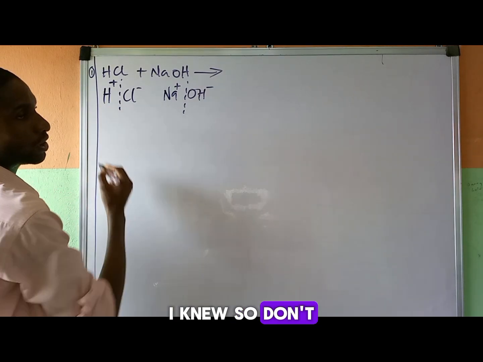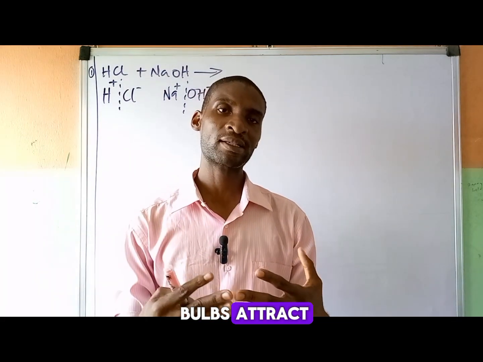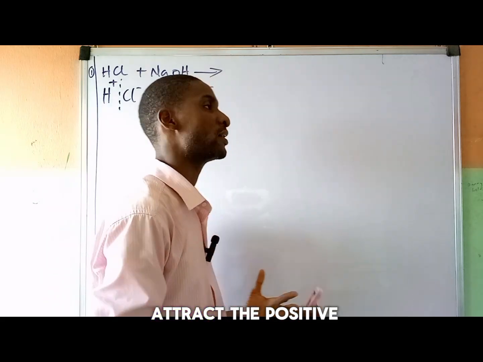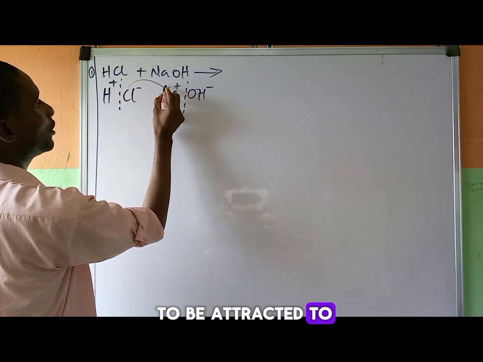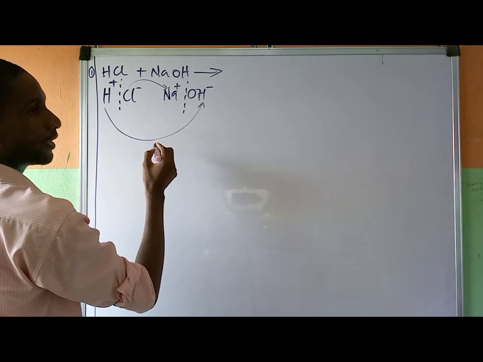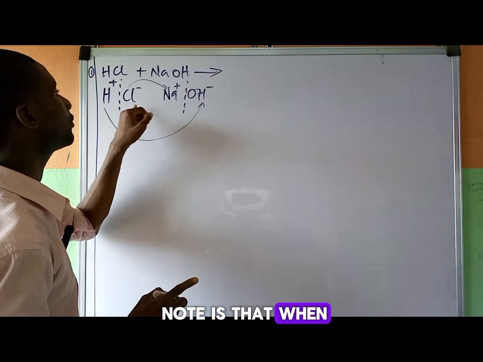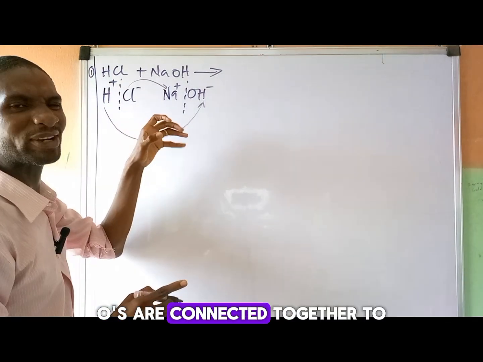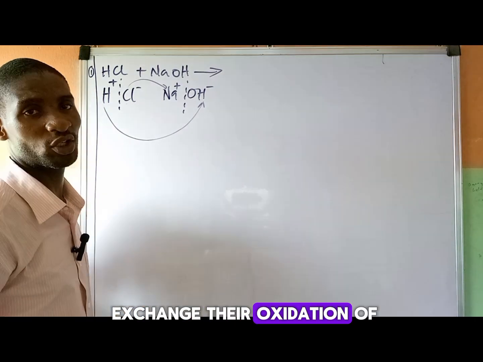Now, like poles repel, unlike poles attract. So this negative is going to be attracted to this positive, and this positive will be attracted to this negative. That is the first thing to note. The second thing to note is that when two ions are connected together to form a compound, they exchange their oxidation numbers.